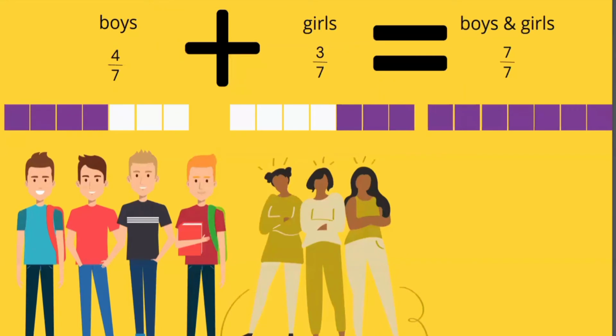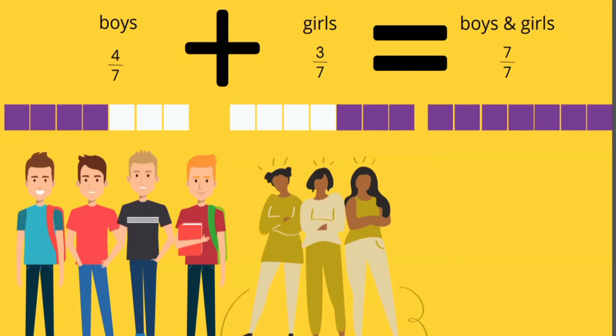So let's observe what is taking place here. Here we have the boys fraction, which is 4/7, because there are 4 boys. 4 out of 7 students represents the boys. I can use a common fraction by putting 4/7, and I can also use a bar model.